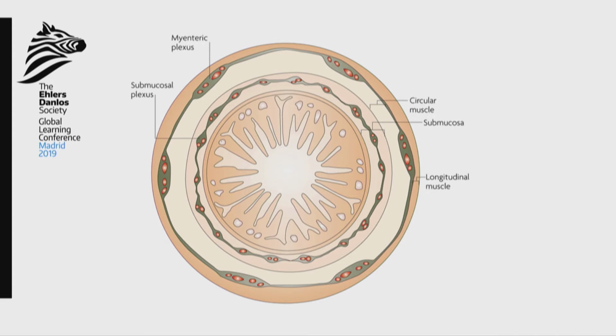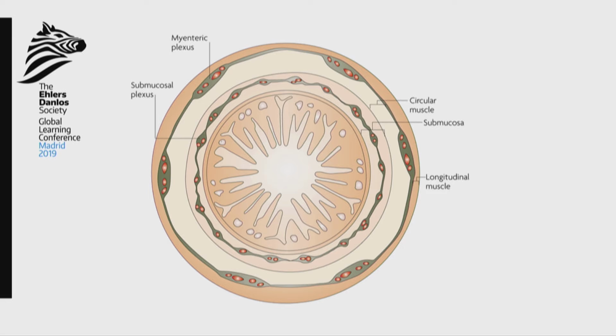Now, the gut has many layers in it. If you look at the circular, the target part there, that's the inner part. This is the lumen, as we call it.